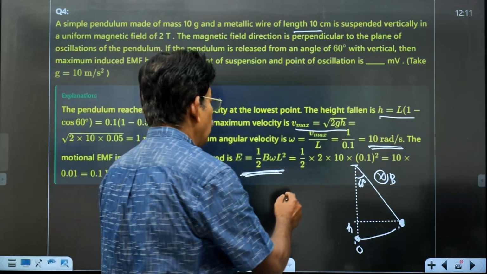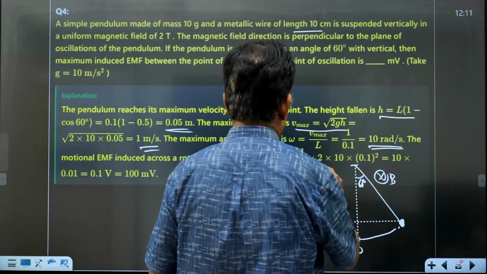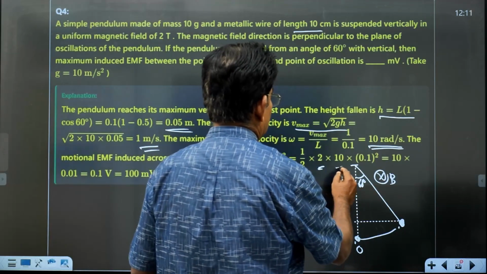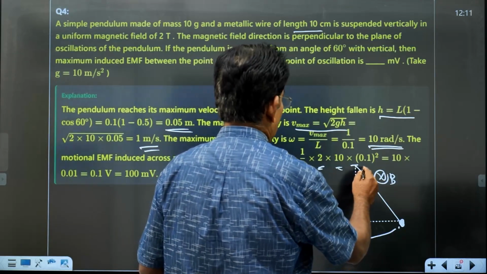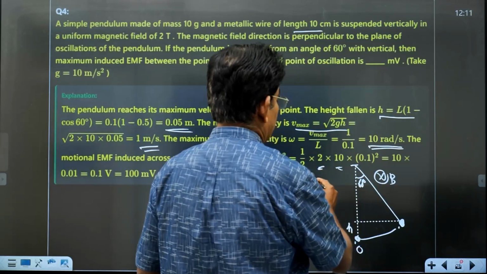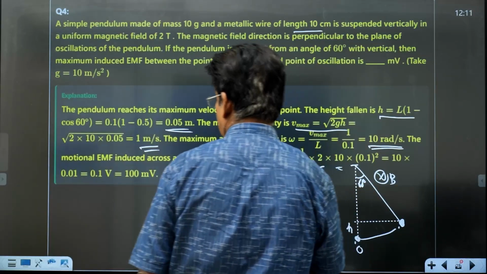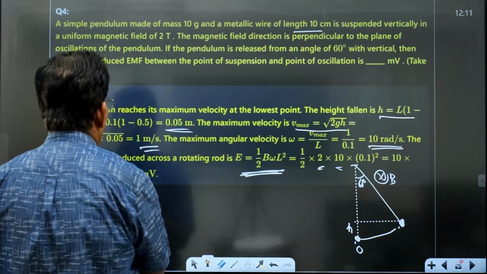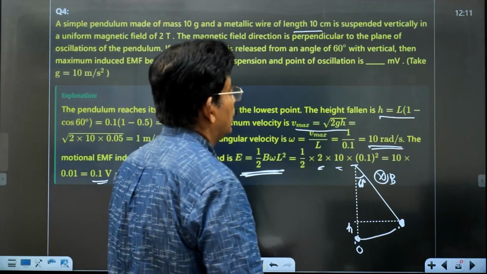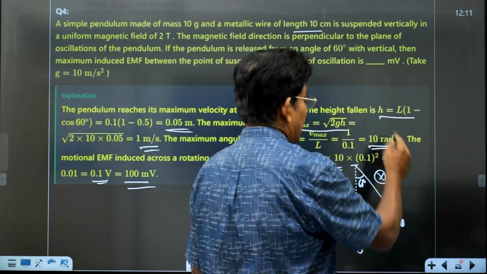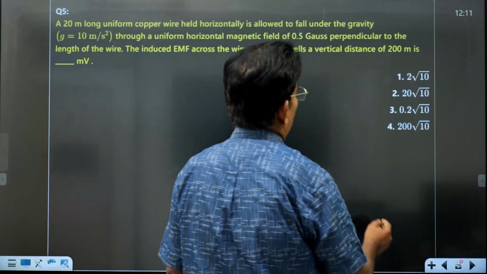And half into B is given to be how much? 2 Tesla, omega we got 10, L square is 0.01, the 2 gets cancelled, this is coming to be 0.1 volt or 100 millivolt.